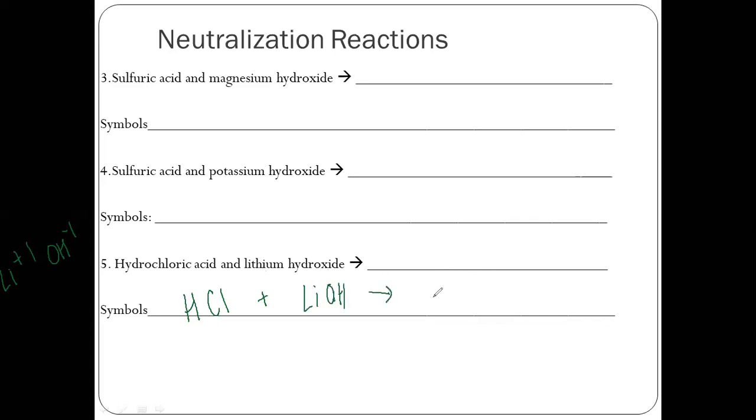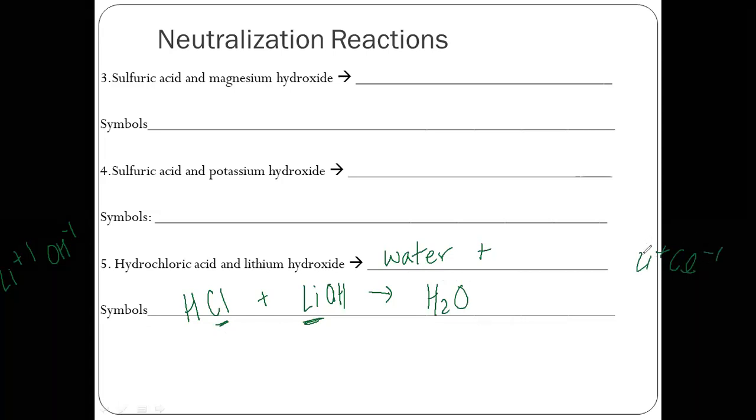You always make water, so just pop H2O in there. Don't even worry about how many things you have on the left-hand side. Water, and now I'm going to combine to get the rest. So I'm going to combine lithium and chlorine. How come I'm putting lithium first? What do you know about the charges? The positive ion has to come first, so that's why I'm writing it first.